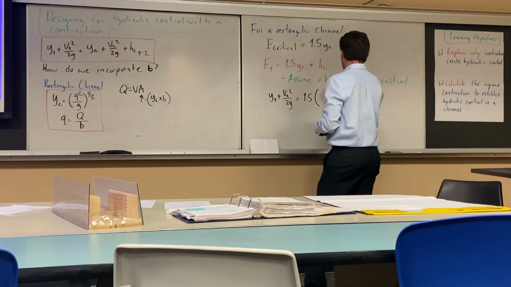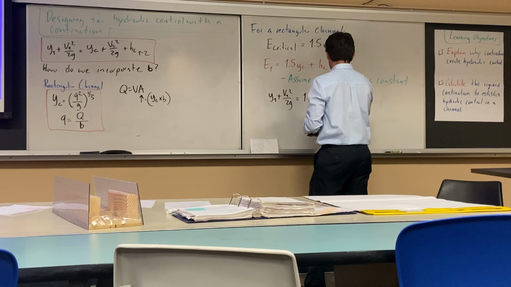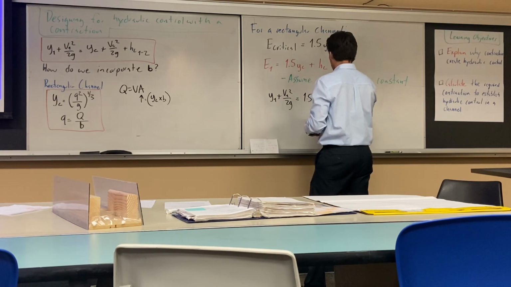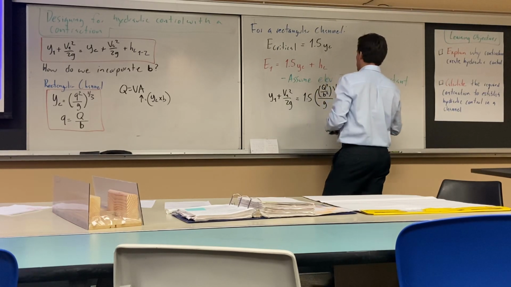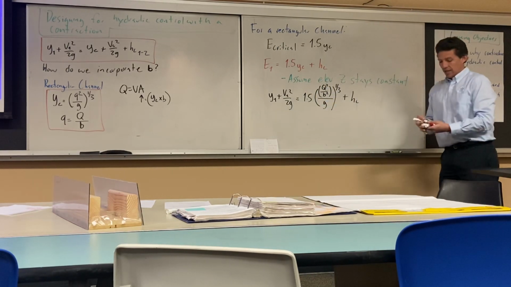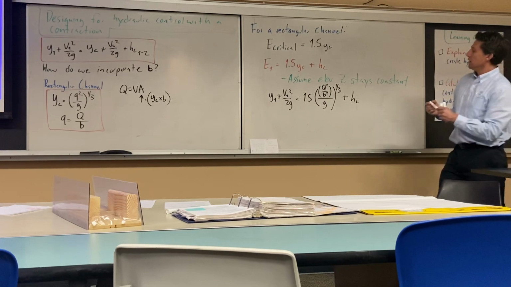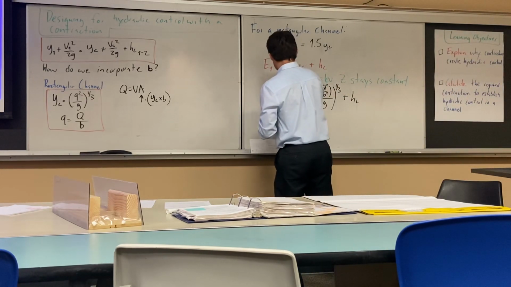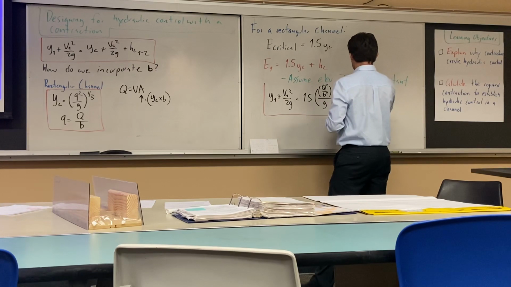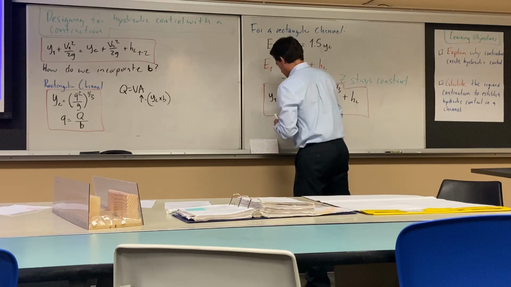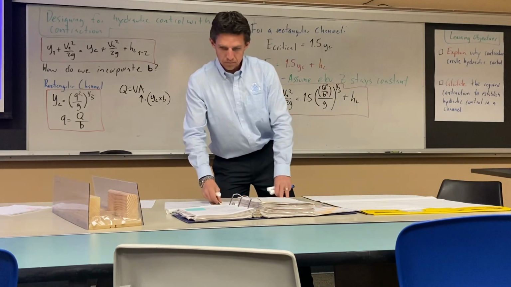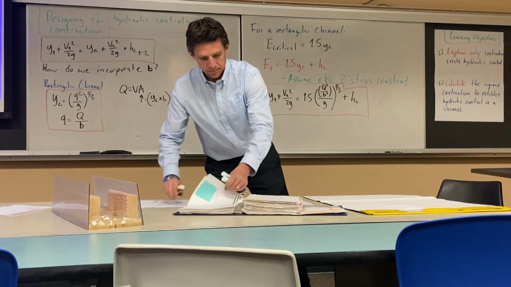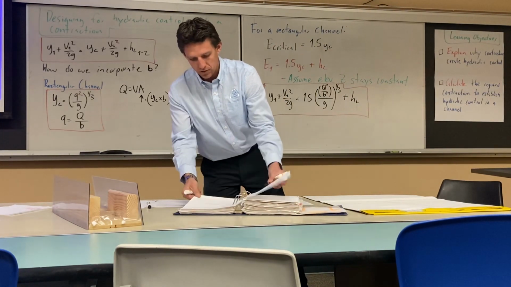This is going to be Q over B, so Q squared over B squared divided by G raised to the 1/3 plus whatever head loss is given. So that sets you up for solving this equation quite easily. So what I'm going to do is I'll pull up the worksheet real quick.